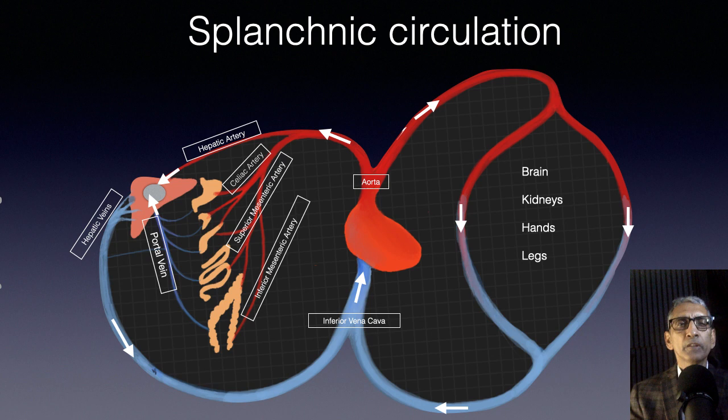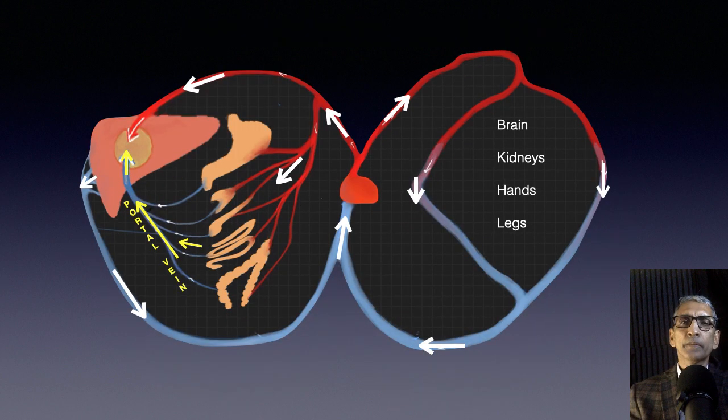Today we're going to talk more about the hepatic portal system in the liver and the gastrointestinal tract. This picture shows the splanchnic circulation: the celiac artery, the superior and inferior mesenteric arteries, the hepatic vein, and the inferior vena cava, and the general circulation around the rest of the body, around the brain, kidneys, hands, and legs.